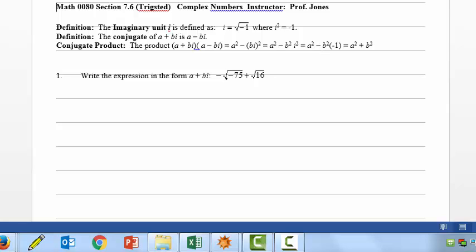a squared plus b squared. So we want to use this information to write negative square root of -75 plus square root of 16 in the form a plus bi. So I'm going to break this into three radicals.